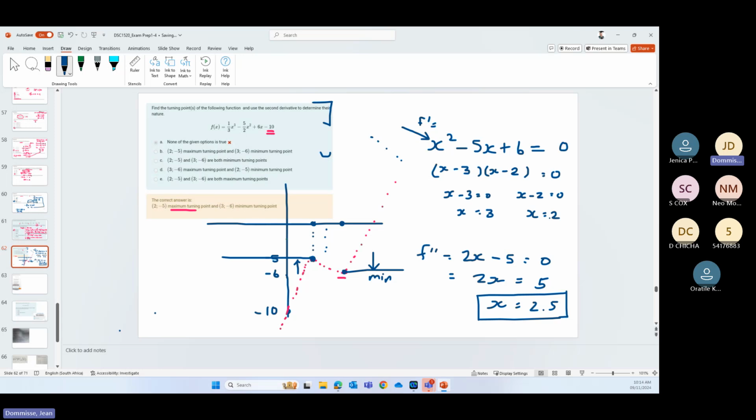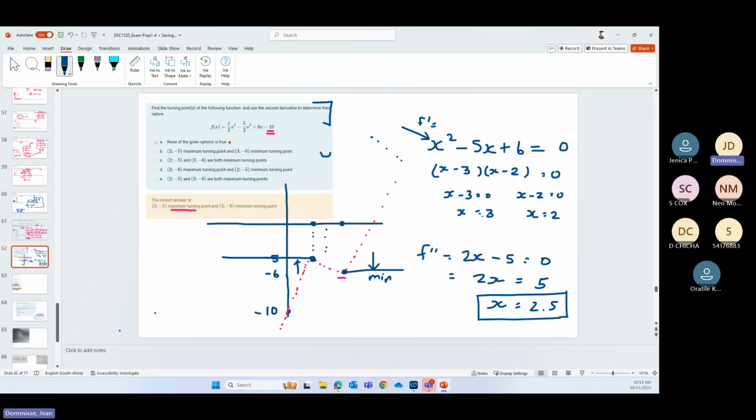But another thing that you guys can look at, and this is just through experience of looking at all of these questions: if you work out the x value of the second derivative, it's normally the average of those 2 points.